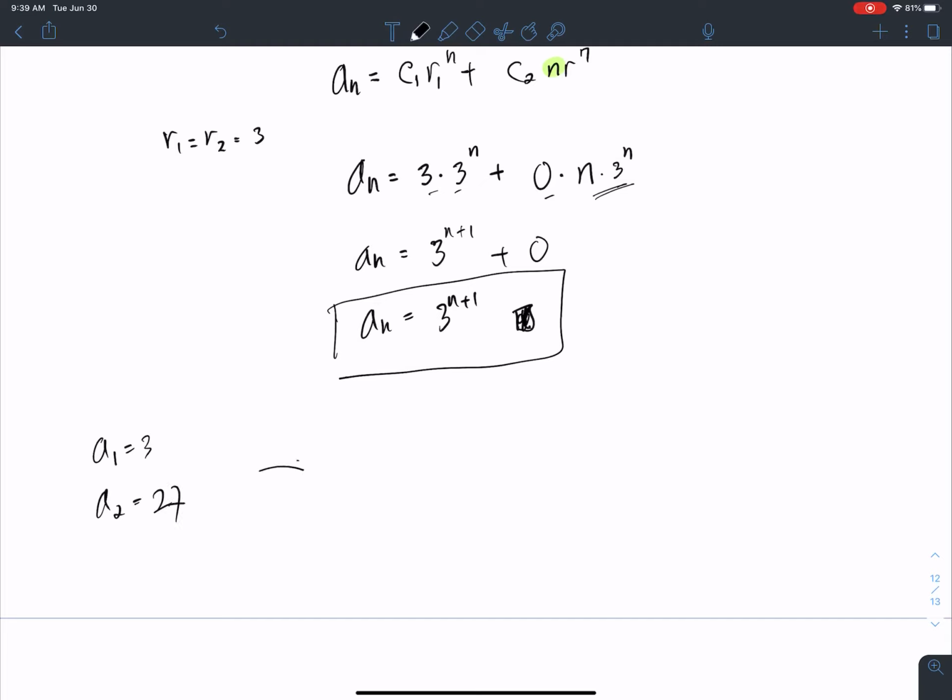Let's just use this formula. So for n equal to 1, we will get A1 equal to 3 to the power of 1 plus 1. Hold on. When we get 9, cannot be.